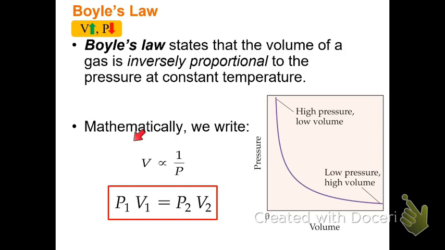So you're leaving two of the variables constant. One is the temperature and the other one is number of moles. So P1 V1 equals P2 V2, right? Initial pressure times initial volume is equal to the final pressure times the final volume. So this is the mathematical relationship between volume and pressure.